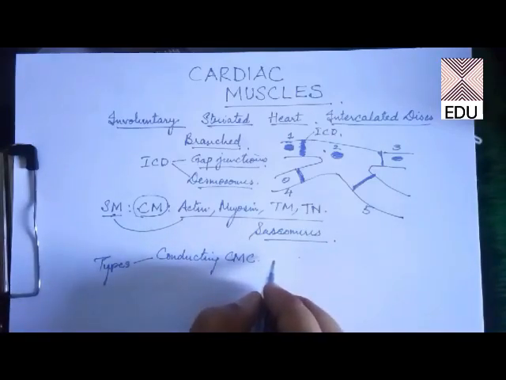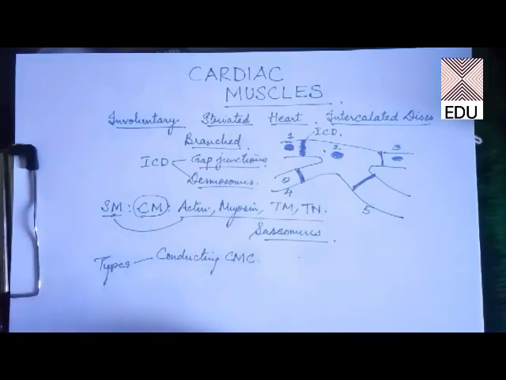So these are of larger diameter, and they are not producing any kind of tension, or any kind of force with which the heart contracts, but these are conducting in nature, and they are only specialized for the excitation of the cardiac muscles.